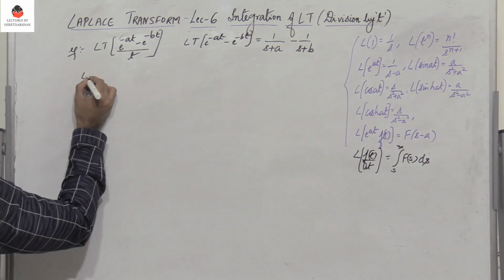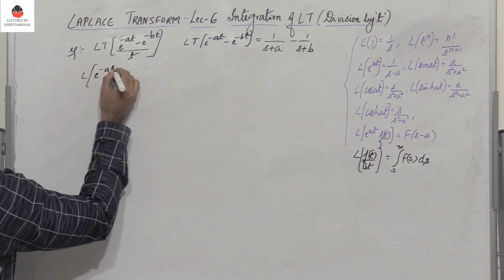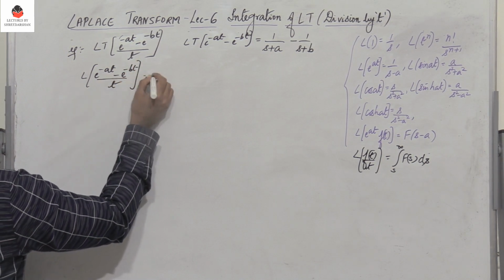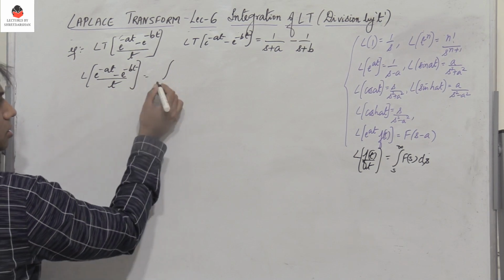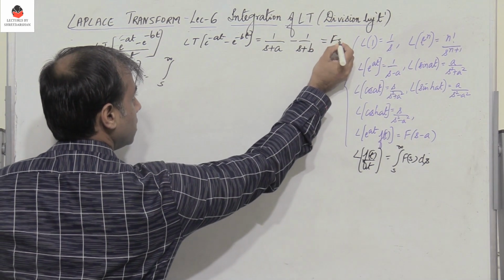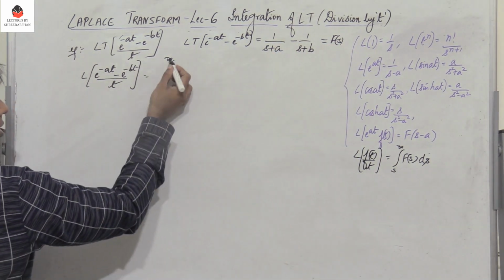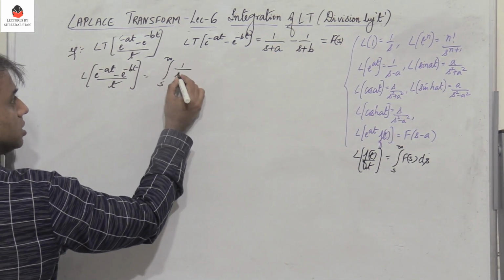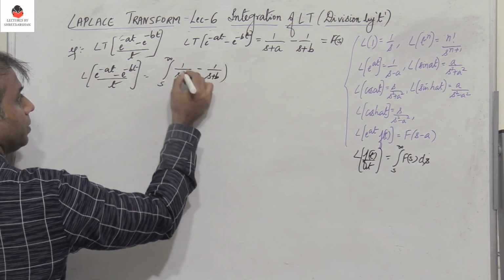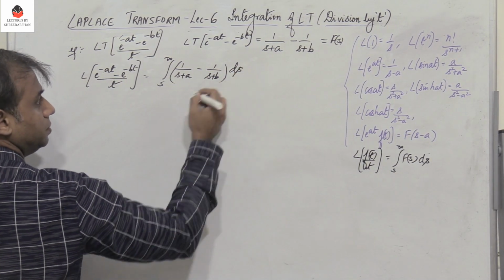Now Laplace transform of e power minus at minus e power minus bt by t is nothing but taking the integral s to infinity. So this is f of s. So I have to integrate this, right, from s to infinity f of s, which is 1 by s plus a minus 1 by s plus b ds.